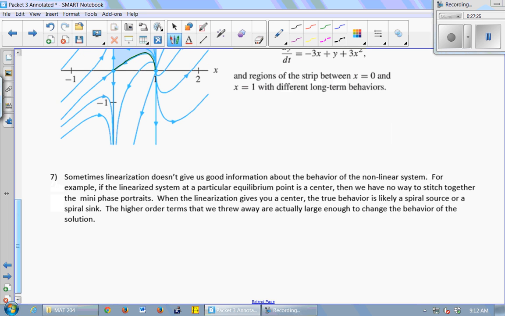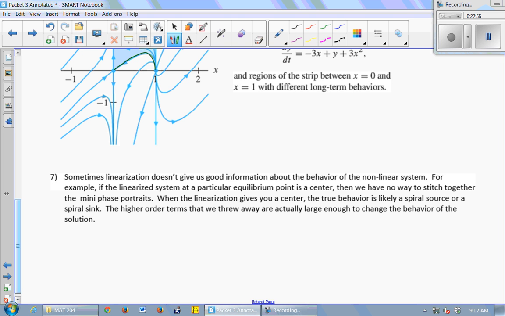So many of your questions are answered in this number 7 here. Sometimes linearization just doesn't give us good information about the behavior of a nonlinear system. For example, if you linearize a system at a particular equilibrium point and you get a center, there's no way to stitch a center to something else, right? Because the center just keeps going around and around and around. So how does it connect to another equilibrium point?